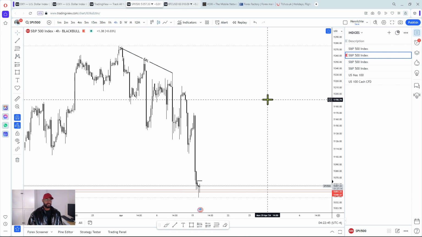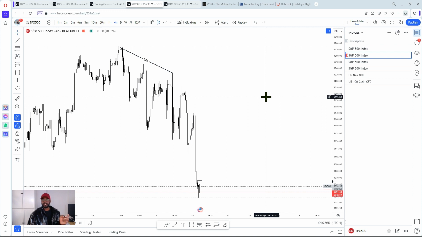I'm bullish on all of them except USDCAD. I'm bullish on euro. I'm bullish on S&P 500. I'm bullish on Nasdaq. I'm bullish on GBPUSD. I'm bearish on USDCAD. And I'm bearish on dollar.